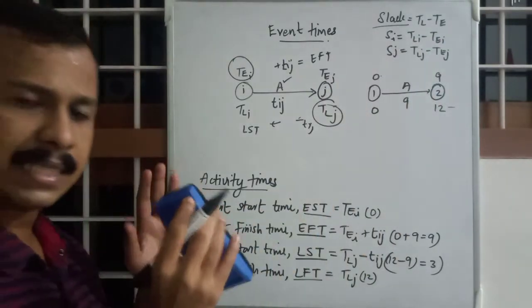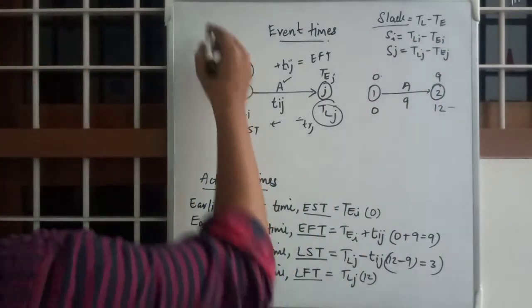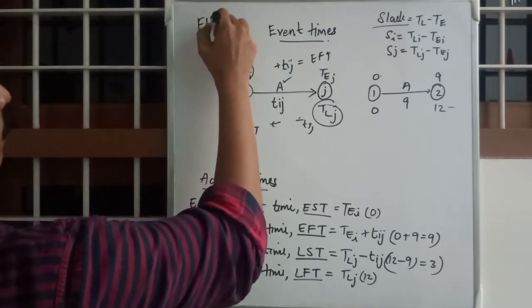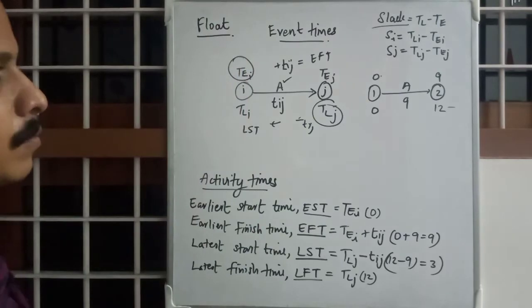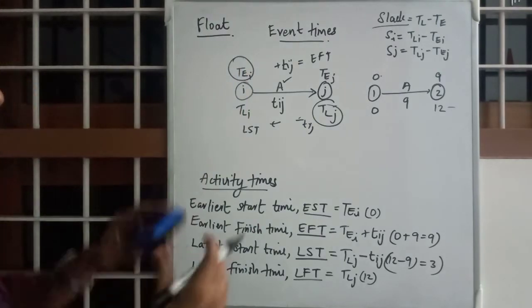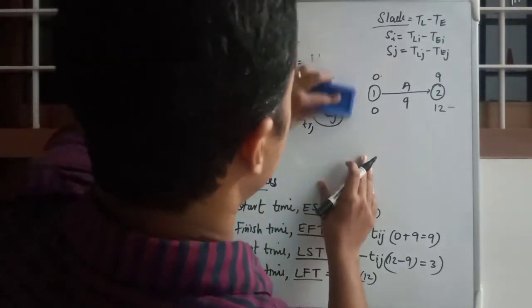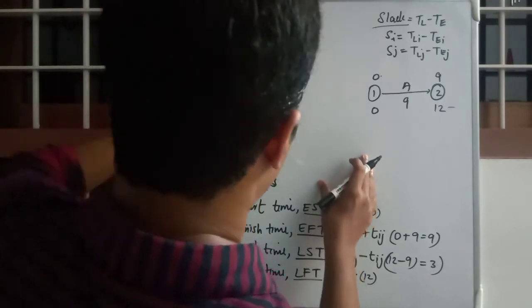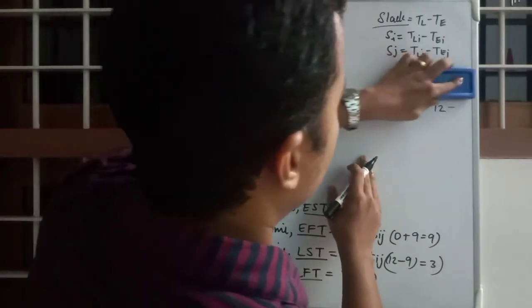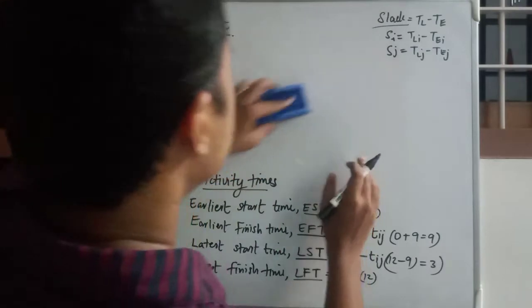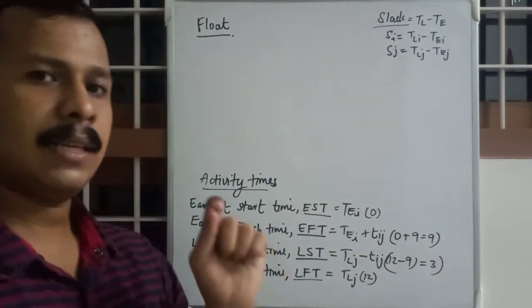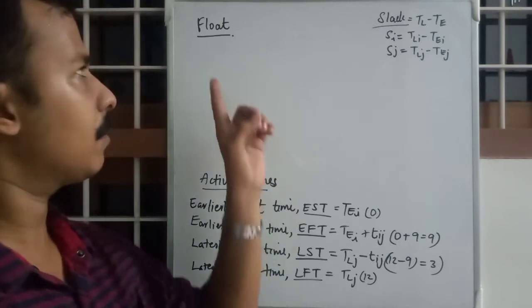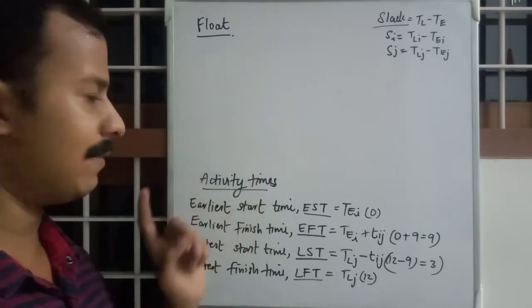We have a similar concept called float. Okay, we have a similar concept as slack in case of event times. In this case, it is named float, and float by definition is similar to slack, but it is in case of activity times.